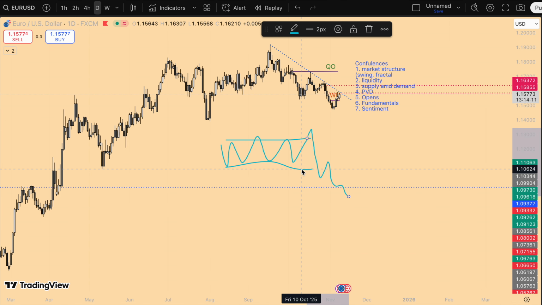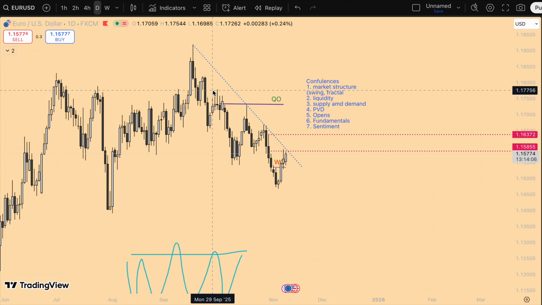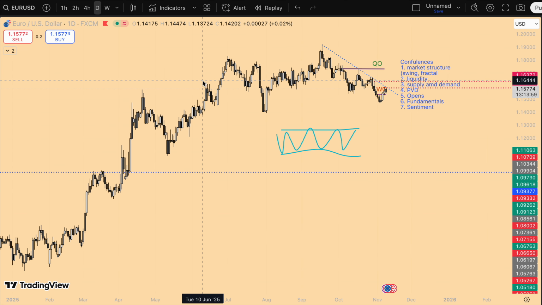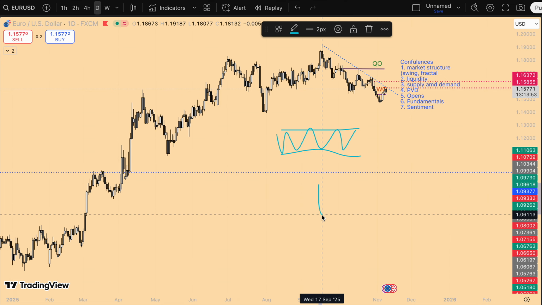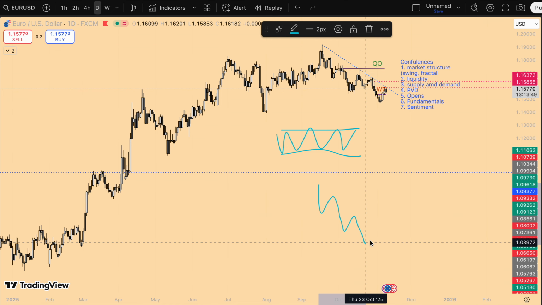So range liquidity, trend line liquidity, and finally we have these bumps in the road. All of this. So for example, let me just try it out. Push down, push, push, push.